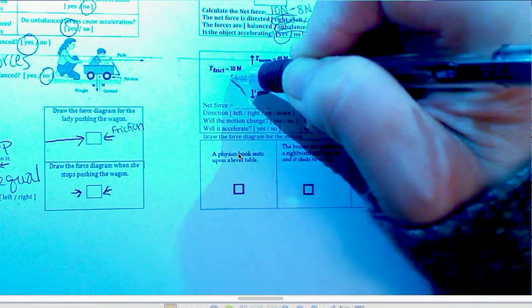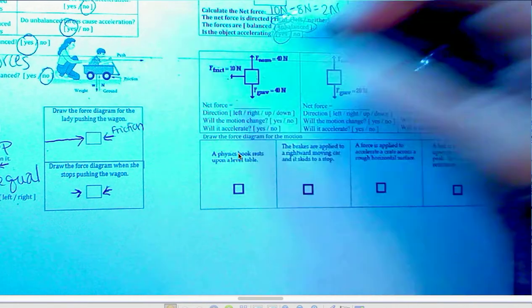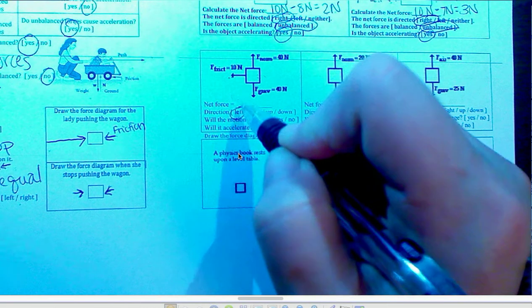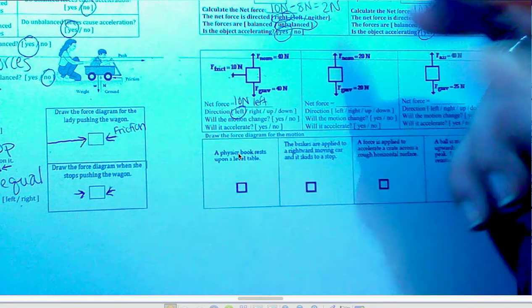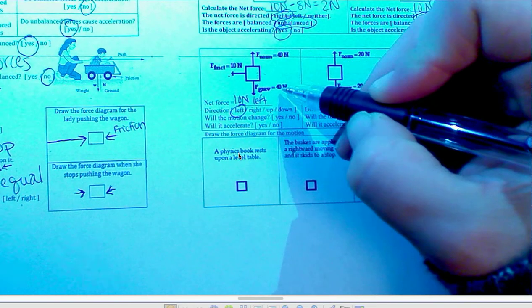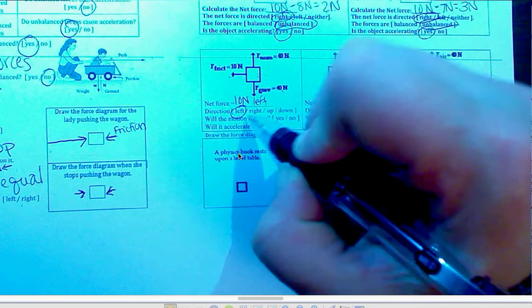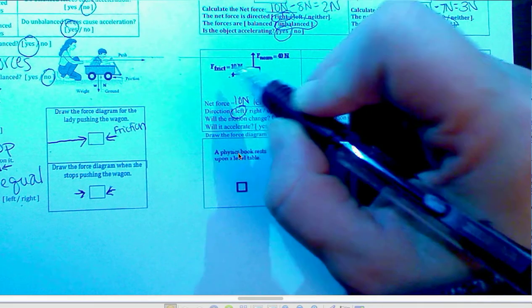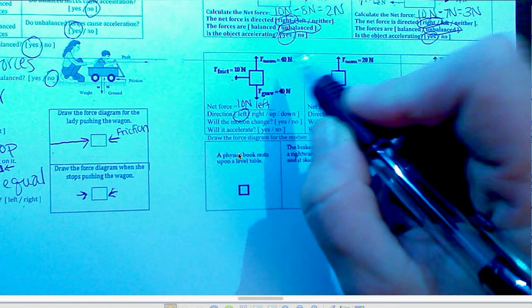So let's go with our vertical first. We don't have anybody acting against us here, so we're going to have 10 newtons going to the left. So we have 10 newtons left. And then here we're going to subtract because they're working against each other. So 40 minus 40 is 0, so we're not going anywhere except 10 to the left.